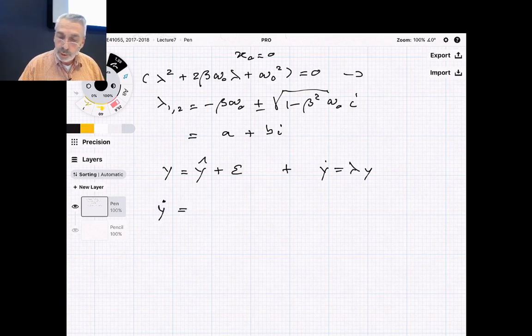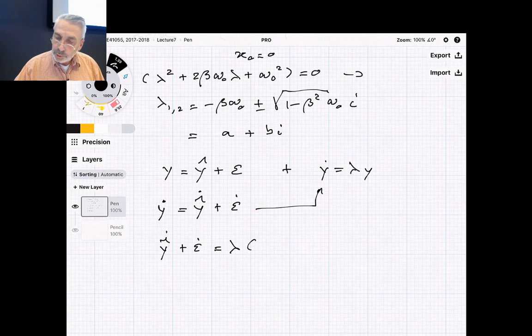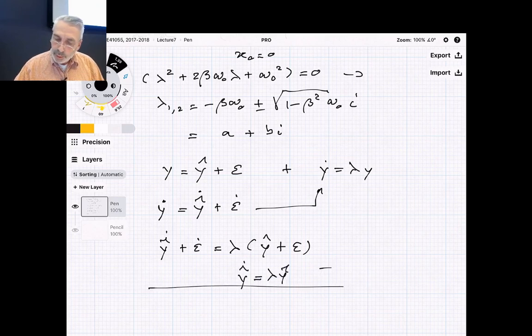So y dot is the derivative of the true answer plus epsilon dot. Then we put that in the equation and we get true answer dot plus epsilon dot is lambda times y hat plus epsilon. Of course, we can subtract our original, y hat dot is lambda y hat, and then we remain with the differential equation for our error.